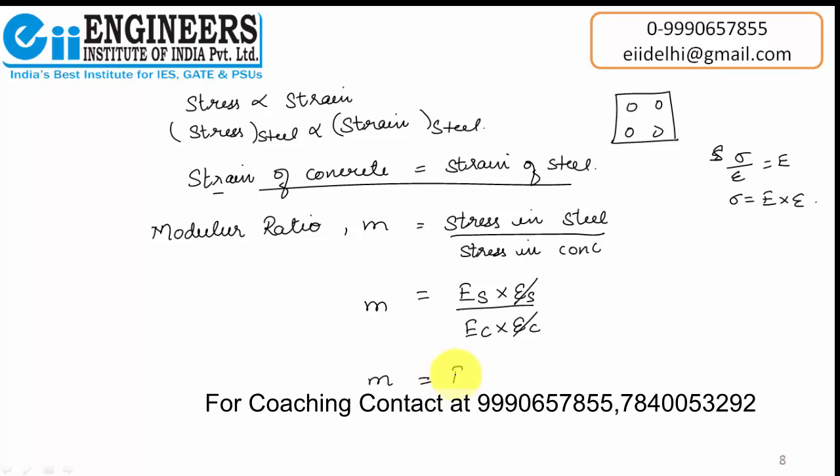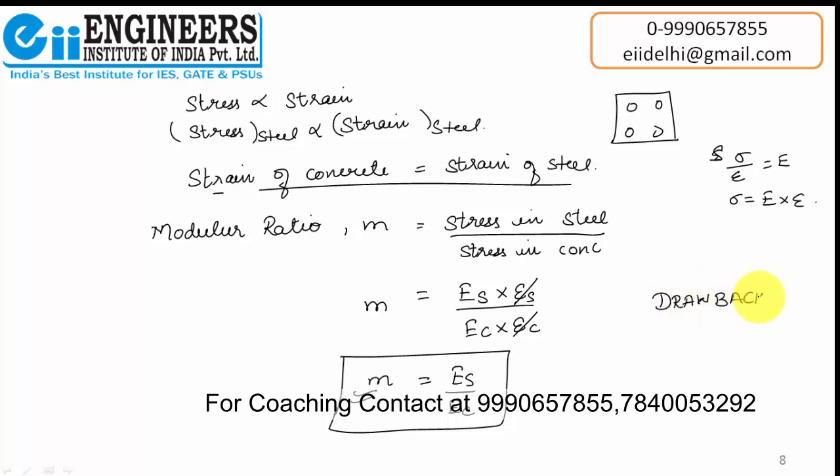So modular ratio is ES by EC. So this method basically considered a term modular ratio which defines the relation between the stresses in steel and stresses in concrete, and the whole design is based on this modular ratio. Okay, but this gives the second drawback.